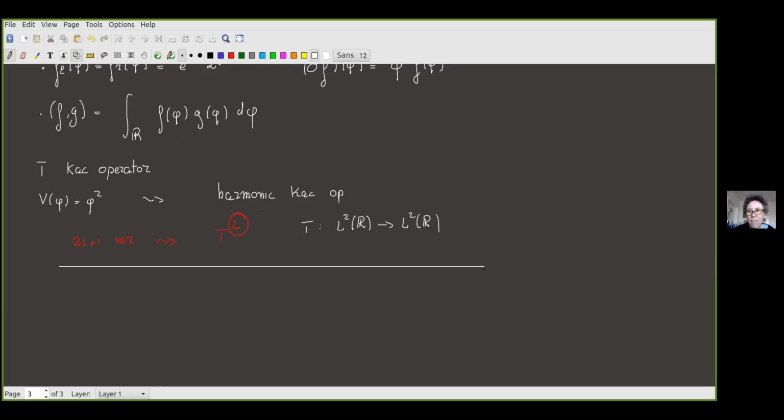So let's look at this operator. Now we want to study the operator T. I don't want to be very precise, but assume that the potential V is nice enough.